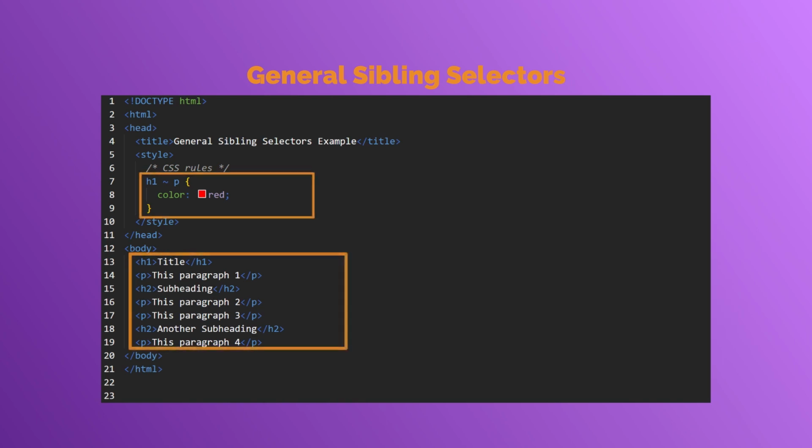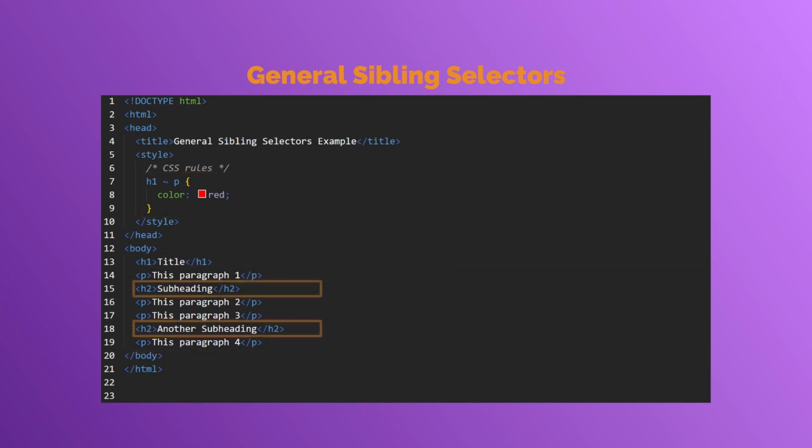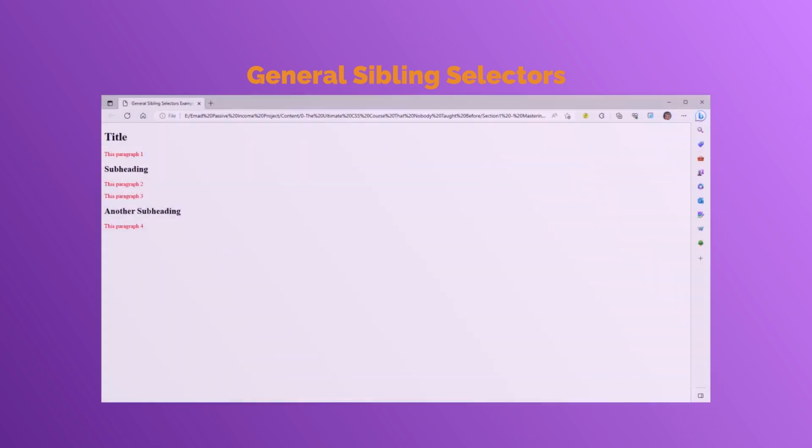The CSS rule targets all P tags paragraphs that are siblings of an H1 tag heading. In this case, it selects all the paragraphs that come after an H1 tag element and applies the style of changing their text color to red. However, the two subheadings that come after the H1 tag element will not have their text color changed to red. The resulting HTML page output is like this.